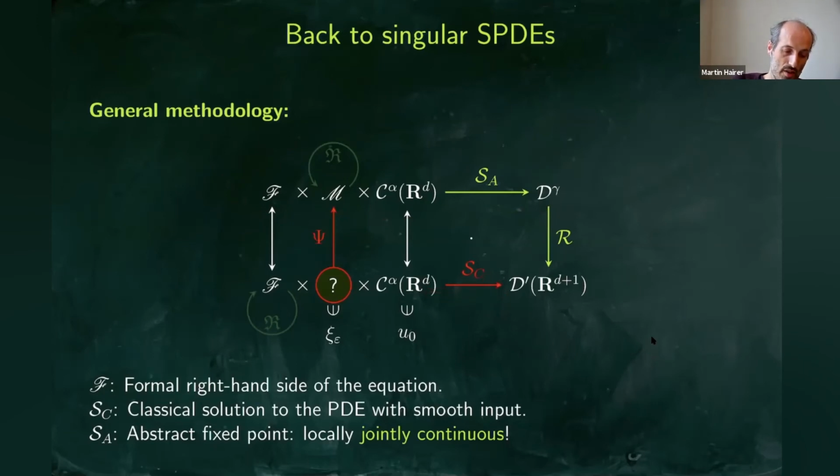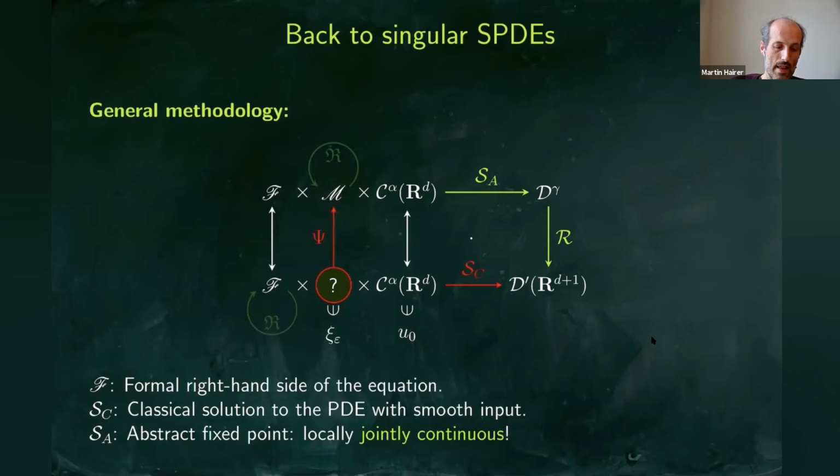So you take your smoothened out noise, and then from the smoothened out noise, you build a model, right? So you build one of these regularity structures, which is not just polynomials, but contains additional stuff. And the additional stuff is going to represent functions or distributions that are built from the noise. Okay, so you have this map here that builds a model from the noise.